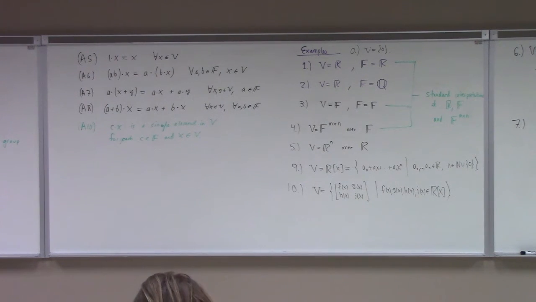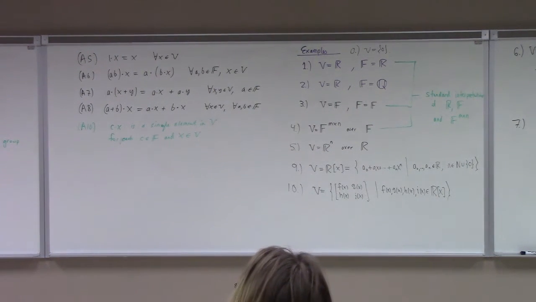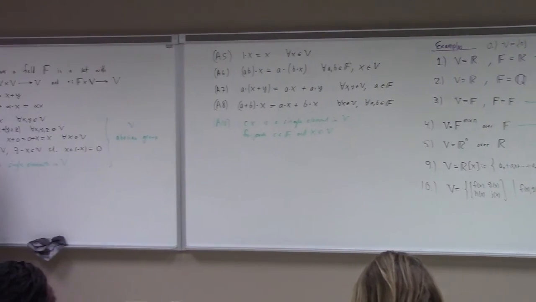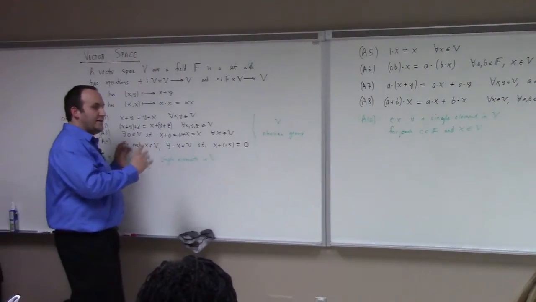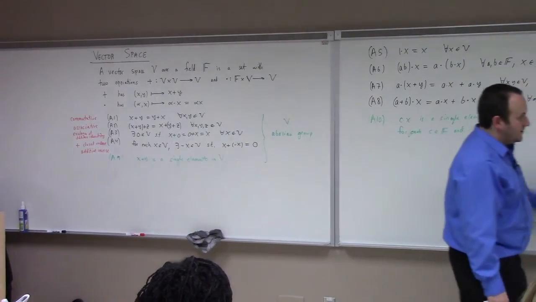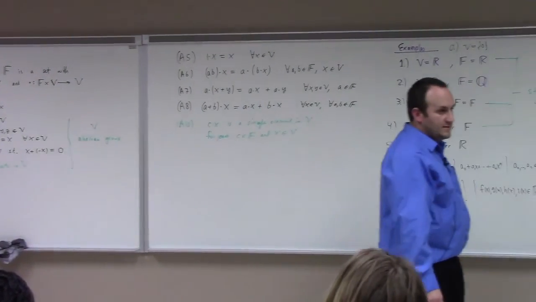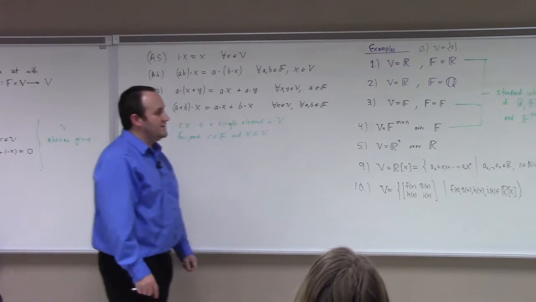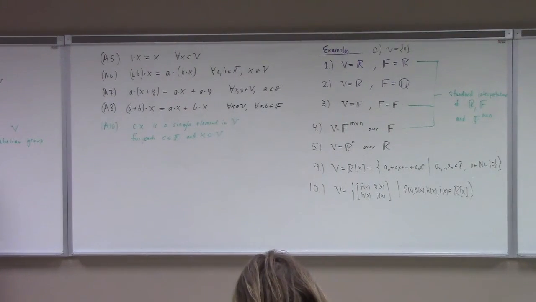If I can prove something with absolute certainty about an arbitrary vector space, I have automatically proved it for all of these. That's the efficiency of abstraction. If I prove things about vector spaces, I prove them not about one thing, but about all these things all at once.